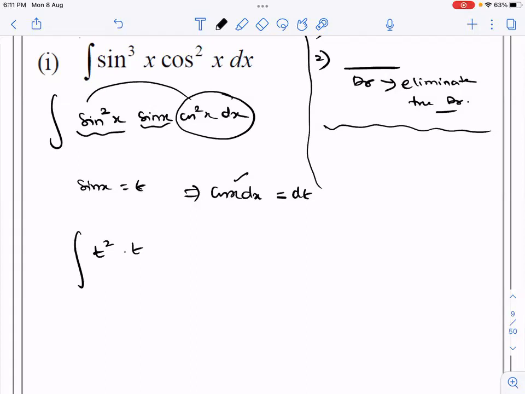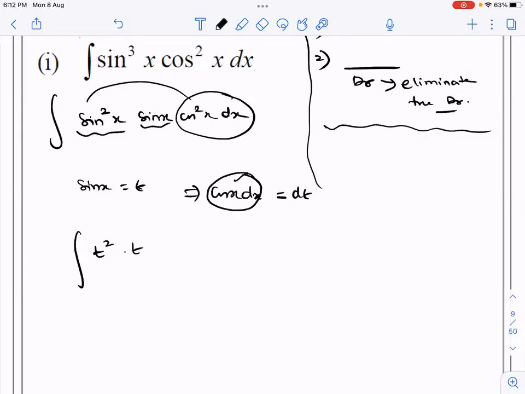Sir? Tell me. If you put cos cube x equal to t, sir. You want to take cos cube x as t. Yes, sir. Okay, one minute, I'll come to that. Okay, this is t square into t.